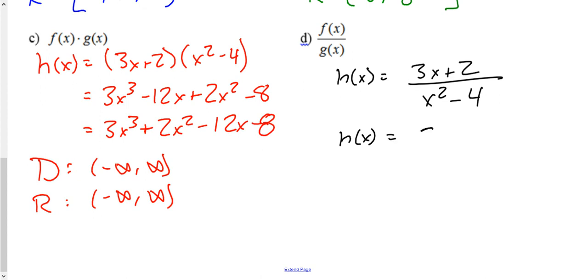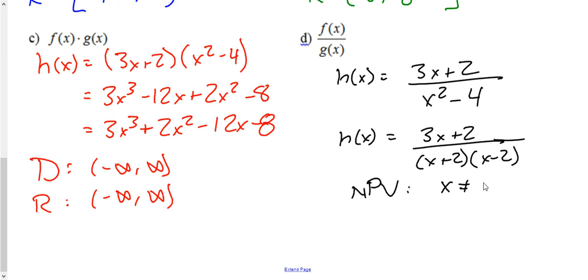So my numerator is just going to stay the same, 3x plus 2. My denominator in this case is going to become x plus 2 and x minus 2. And why did I want to factor? Once I factor, I'll see the vertical asymptotes. So in our denominator, let's state our non-permissible values real quickly.